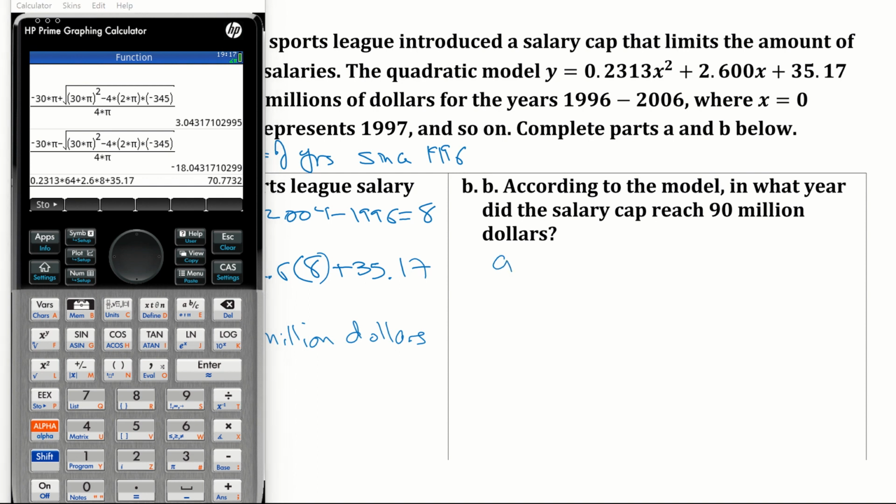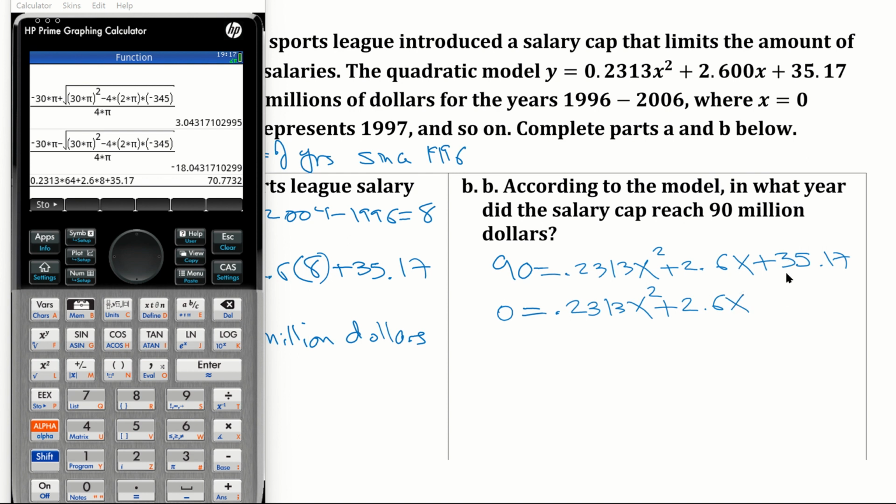So we have 90 equals 0.2313 x squared plus 2.6x plus 35.17. Let's go ahead and move everything to the right side. So we get 0 equals 0.2313 x squared plus 2.6x.